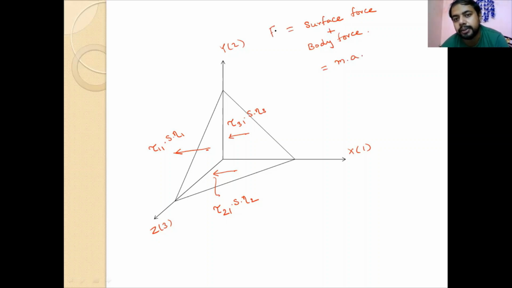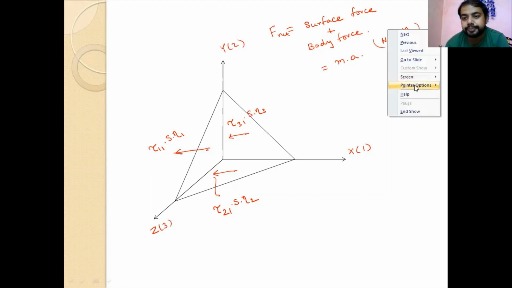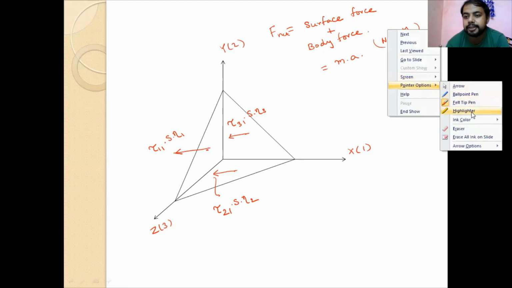From Newton's laws of motion, the net force equals mass into acceleration.